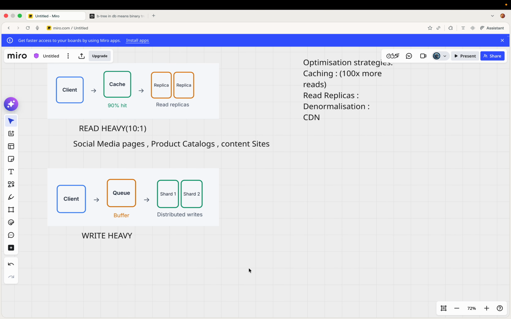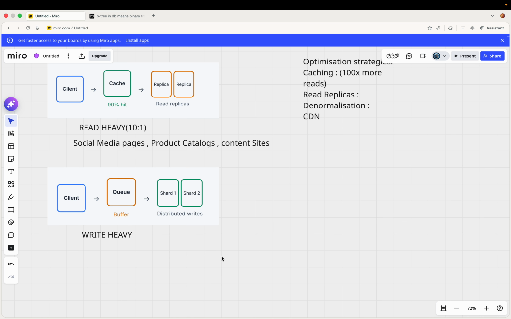And if we see write heavy systems, if the read to write ratio is less than 3 to 1, then we can call it a write heavy system.